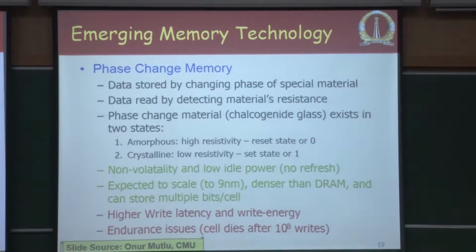As I mentioned earlier, it has a high write latency and a high write energy, because the write is essentially to change the state of this device or the material, and that involves higher energy. And of course, it has endurance issues. That means that you can only do something like 10 power 8 or 10 power 9 writes, after which the device dies. Okay.